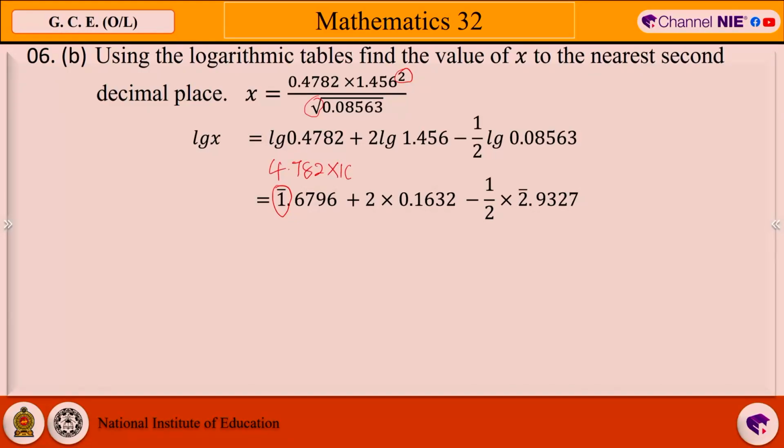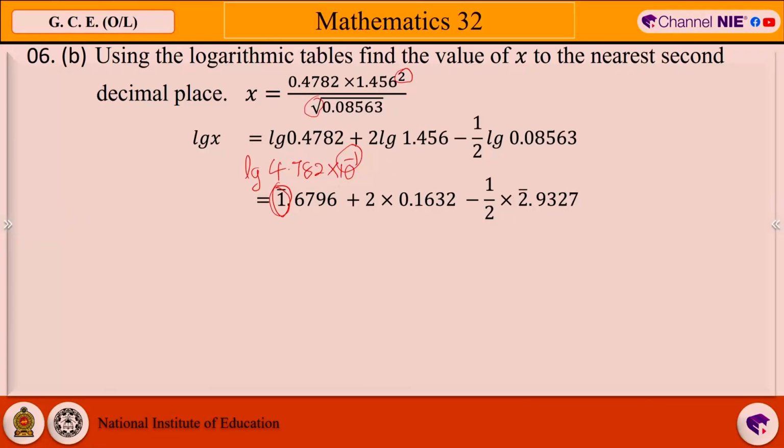Here bar 1 becomes from the scientific notation of this number. Once you write this in scientific notation, you will get it as 4.782 times 10 to the power minus 1. So, this minus 1 becomes bar 1 in log value. Accordingly, you will get 2 times the log value of 1.456 is 0.1632 minus half times bar 2.9327.